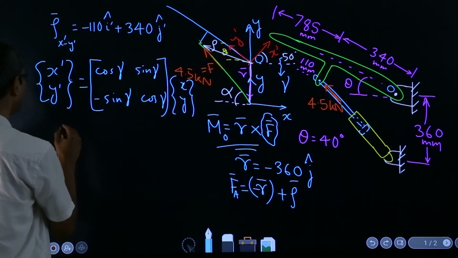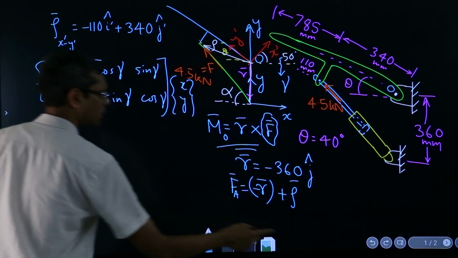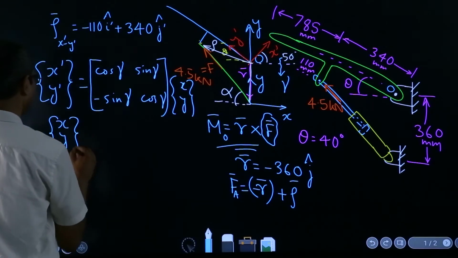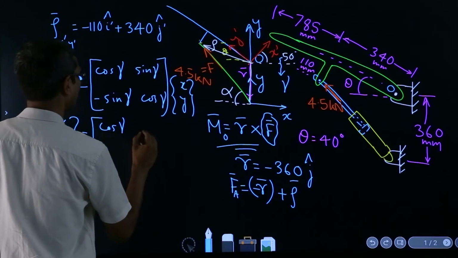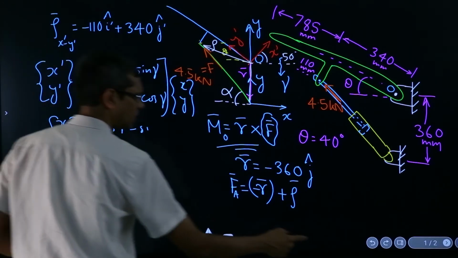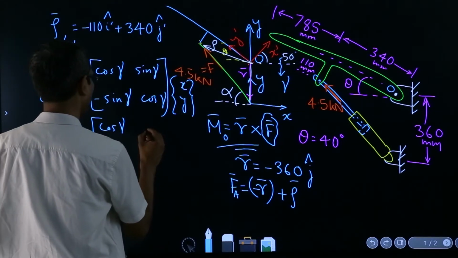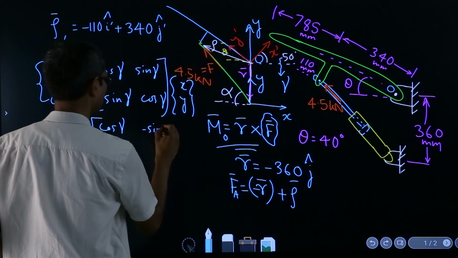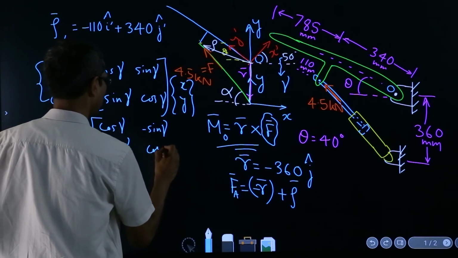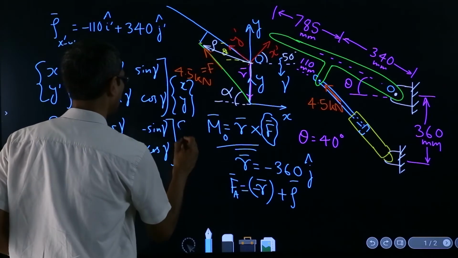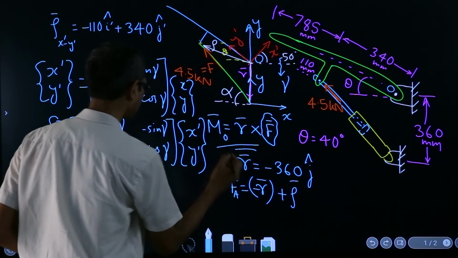Or if you invert them, you can always calculate xy to be equal to cosine gamma, minus sine gamma, then sine gamma and cosine gamma. This is just the inverse of the other.